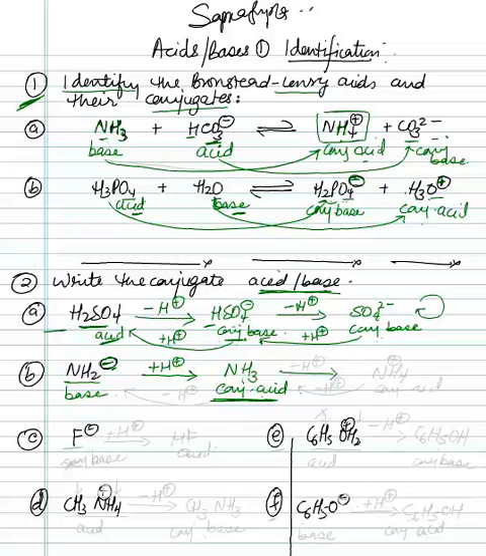If you were asked for NH3, that is, if this is ammonia and you need to form a conjugate base or conjugate acid for this, to form the conjugate base, you will take it back to NH2 minus by subtracting the H plus. But to form the conjugate acid, you will have to add hydrogen plus to this, and then you end up getting NH4 plus, which is the ammonium ion.